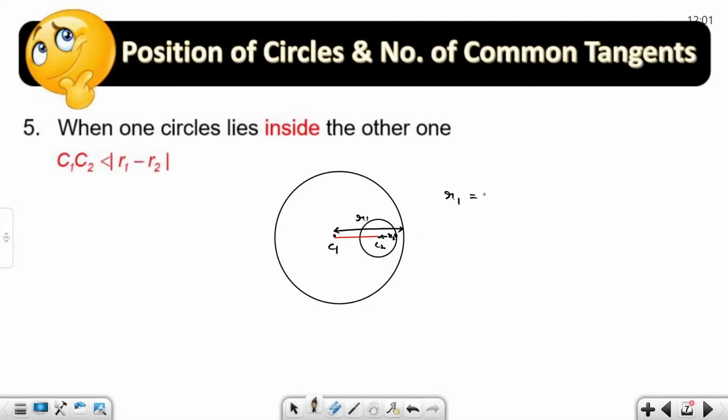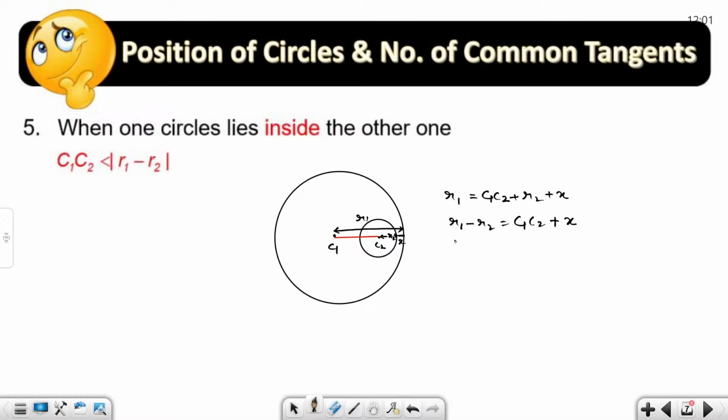Your R1 is basically C1C2 plus R2 plus this distance, isn't it so? Let us say this distance be X. So C1C2 plus R2 plus X is nothing but your R1. So what is R1 minus R2? This is C1C2 plus X.